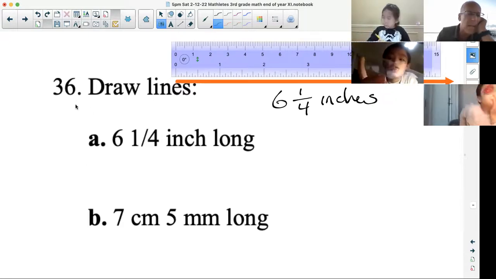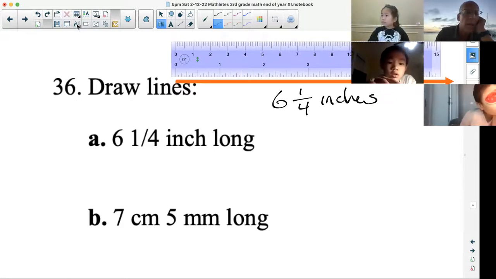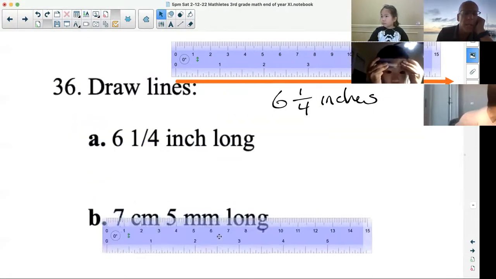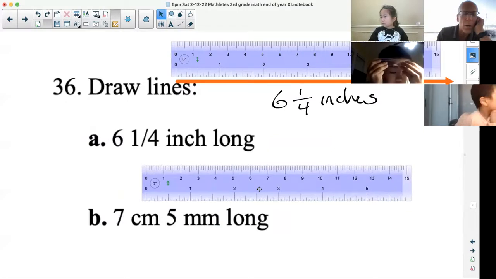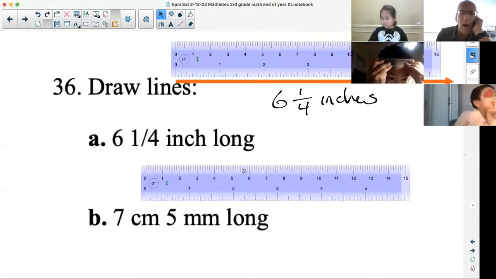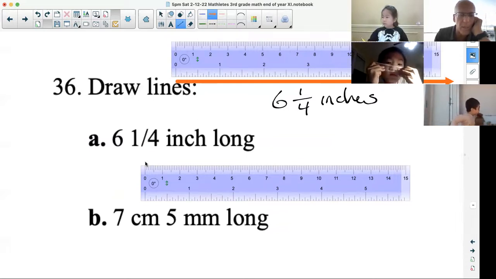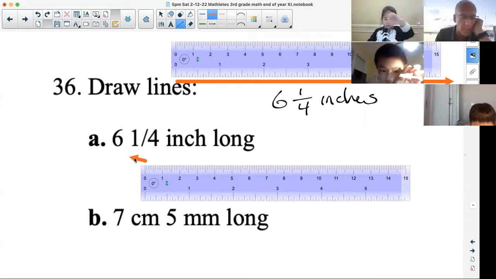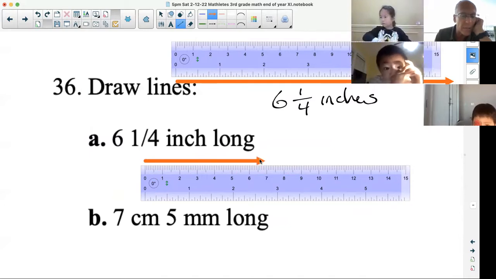Now, the next one that we do has to be 7 centimeters and 5 millimeters. So I want you guys to see what that looks like. Are you ready? Now I have to be on the top. Those are called centimeters. And I'm going to move out 7 centimeters.